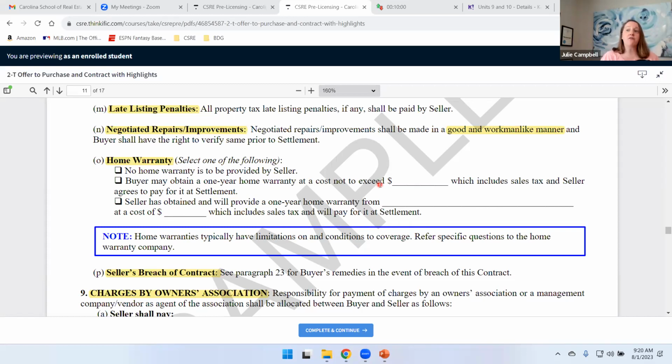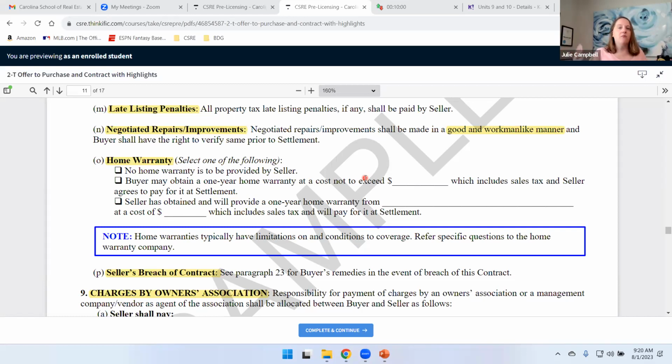Somebody asked if this would be a novation to completely rewrite the contract. We're not substituting a new contract. I would think of this more as an amendment. Remember, an amendment is a change. When we enter into what I call round two of negotiations, we're probably not changing the whole contract. If we changed everything, then yeah, that would probably be a novation.